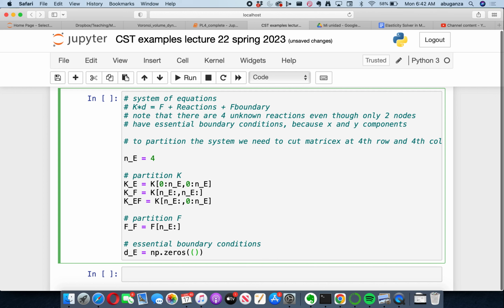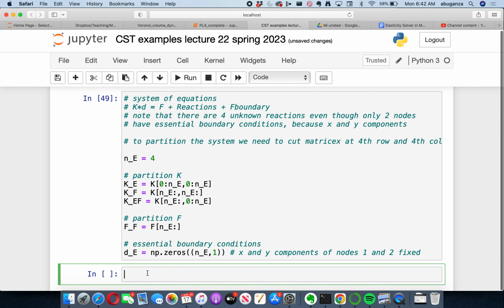So here I basically have the X and Y components of nodes 1 and 2 fixed. And that's it.